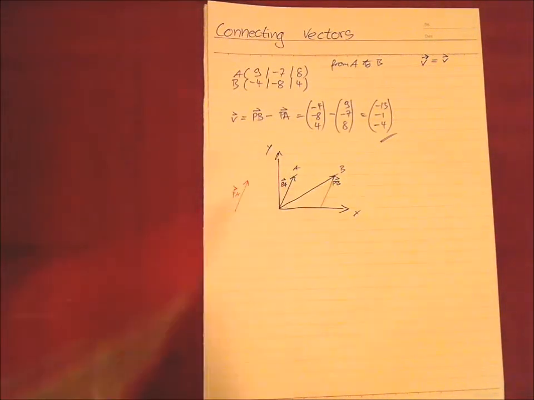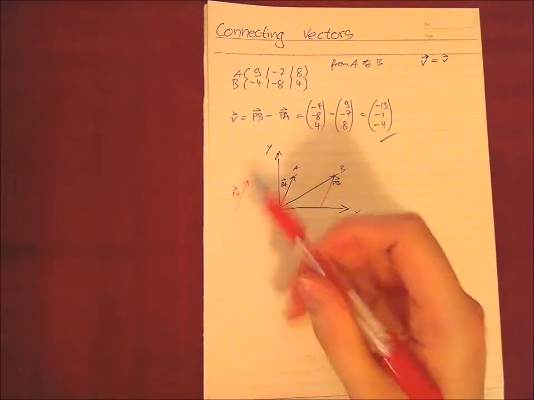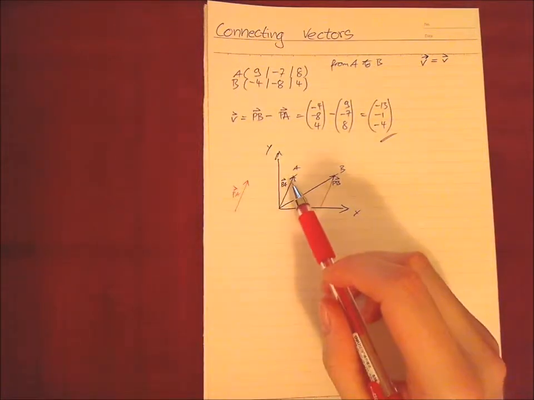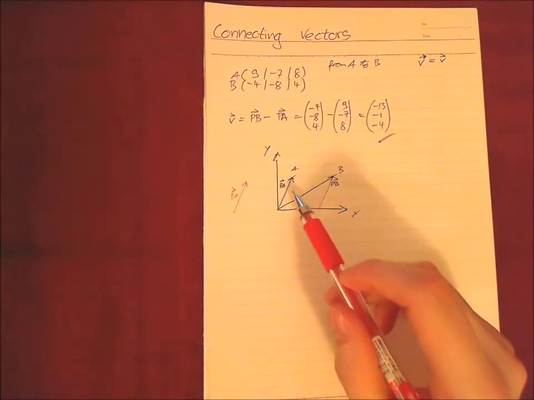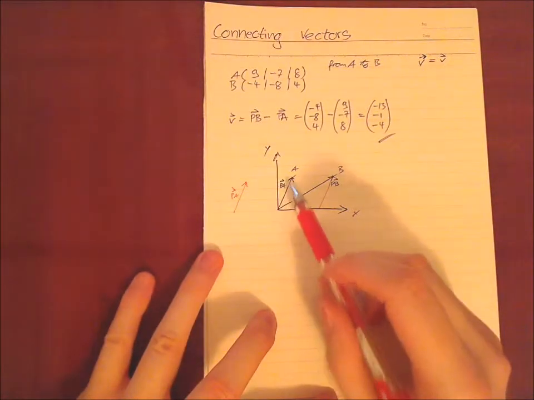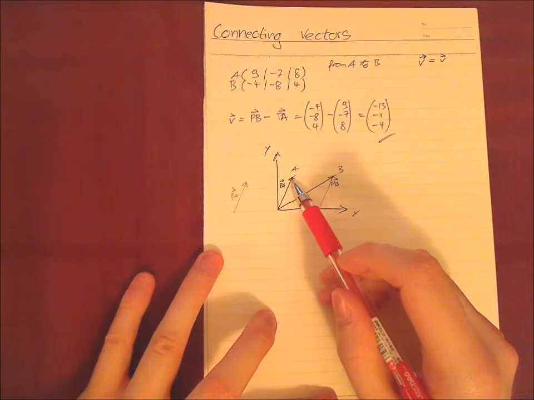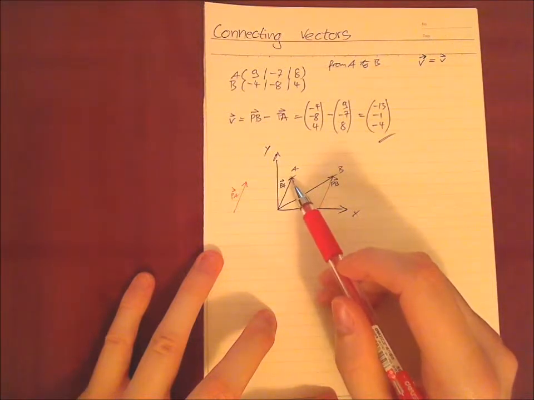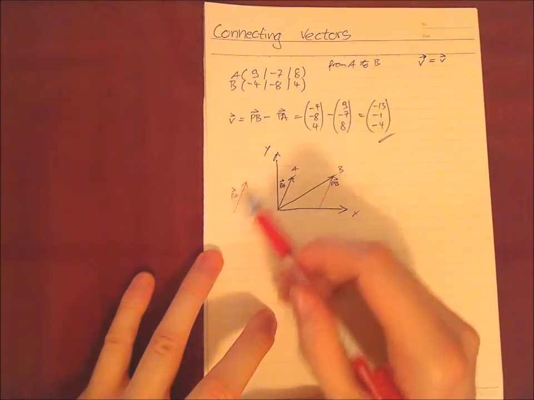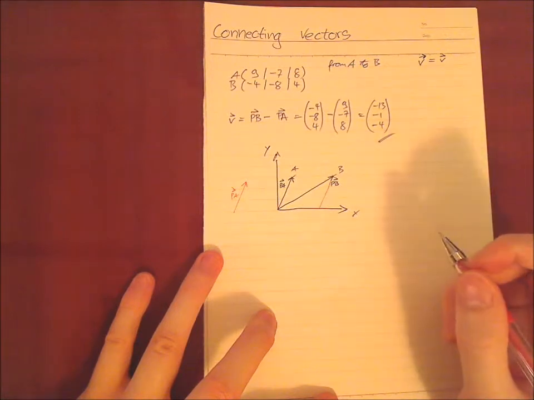So a vector in general is an arrow, so it does not necessarily have to be here. But the position vector is usually of a point, pointing to the point, of course. But a connecting vector I could move around wherever I wanted.